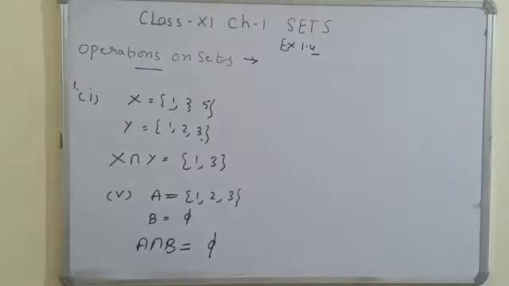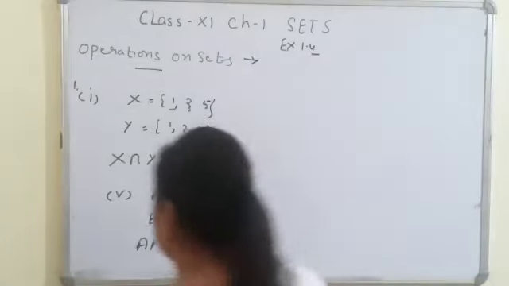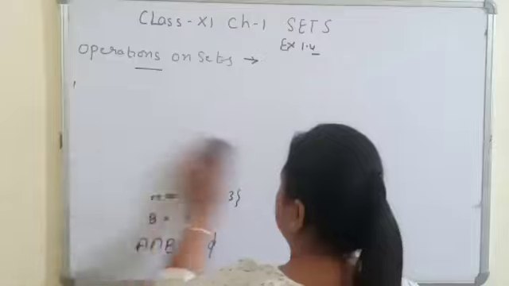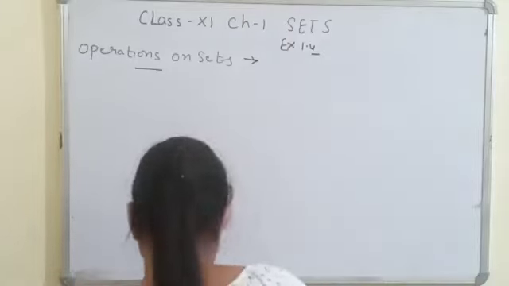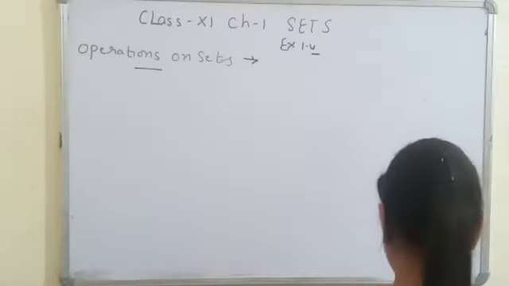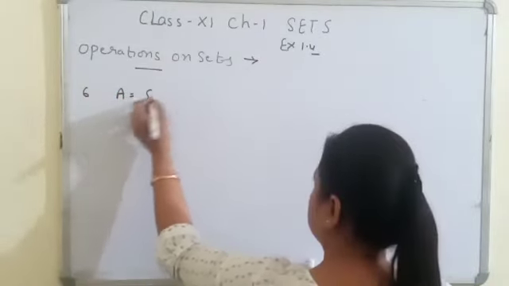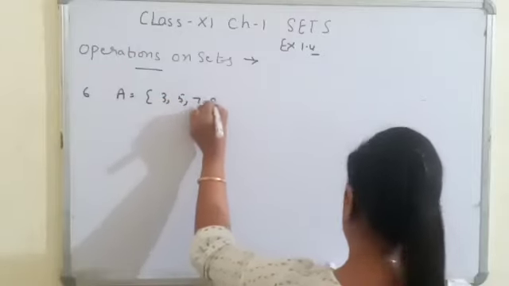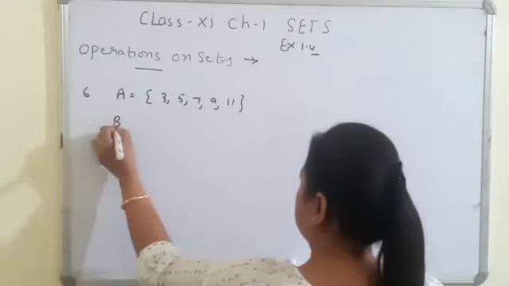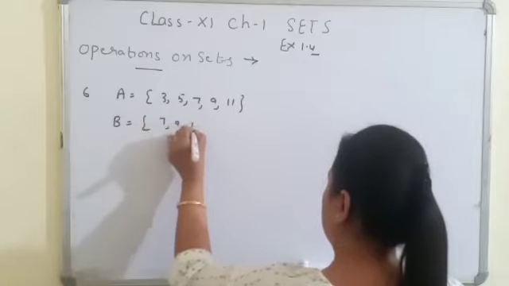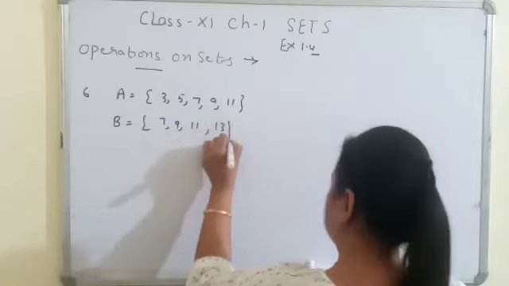Now let's solve some more questions. Let's solve question number 6. In question 6, 10 parts are given to us, and these are all very simple. You can easily find the intersections. Set A is 3, 5, 7, 9, 11, and set B is 7, 9, 11, 13.